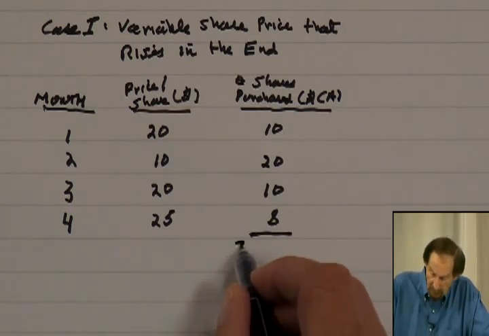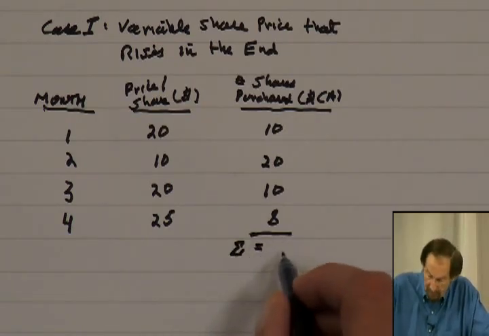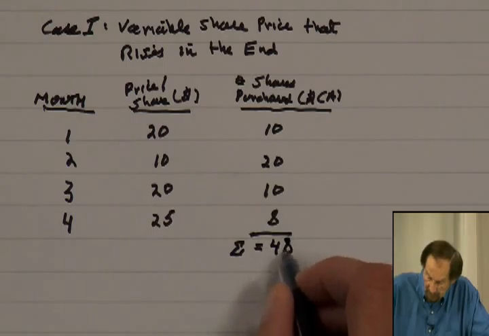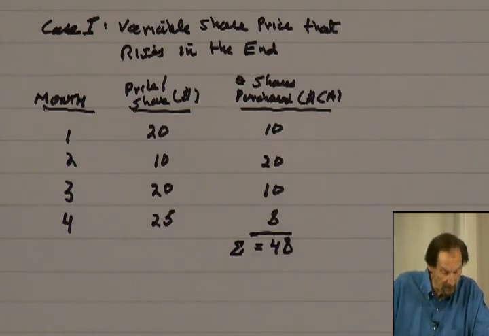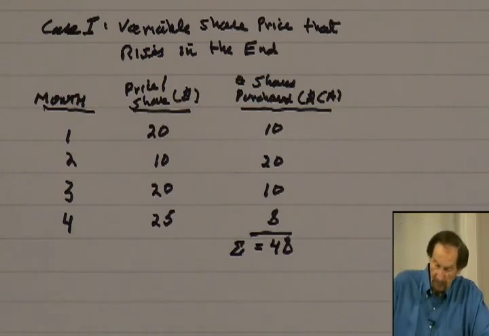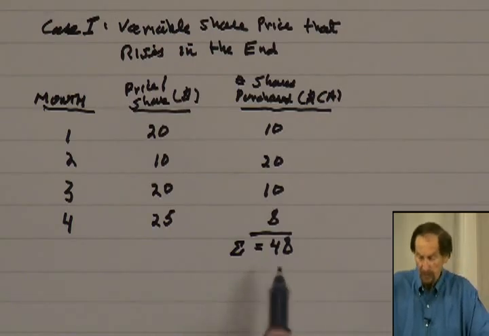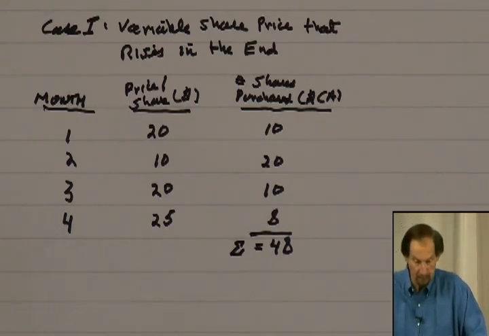So at the end of the fourth month, we have a portfolio of 48 shares, the total number of shares purchased over the 4-month period.